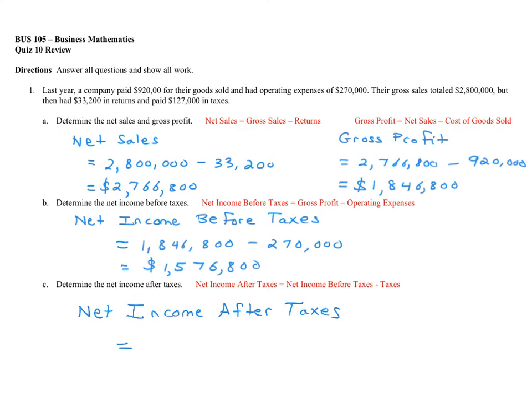We take that previous amount, now we're subtracting off this amount in taxes. And this gives us our net income after taxes, so it's about $1.44 million. And that's it.